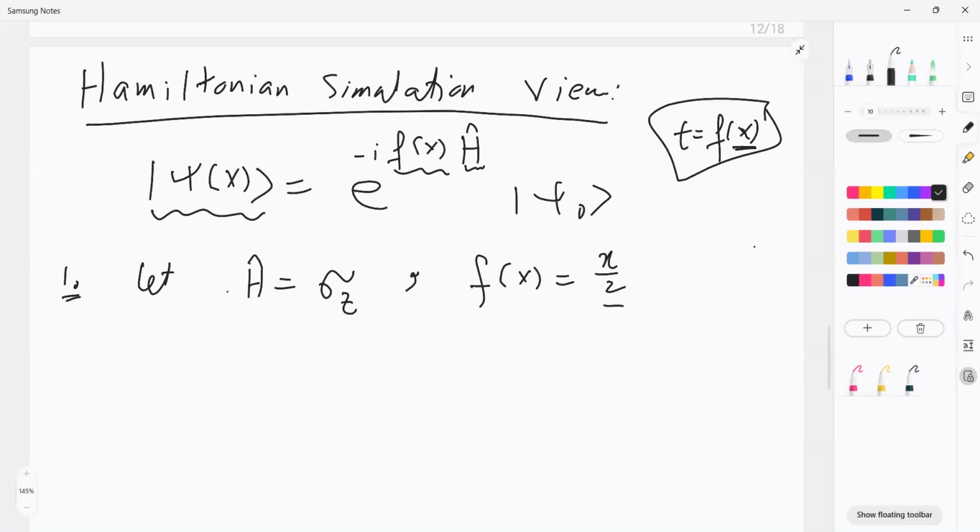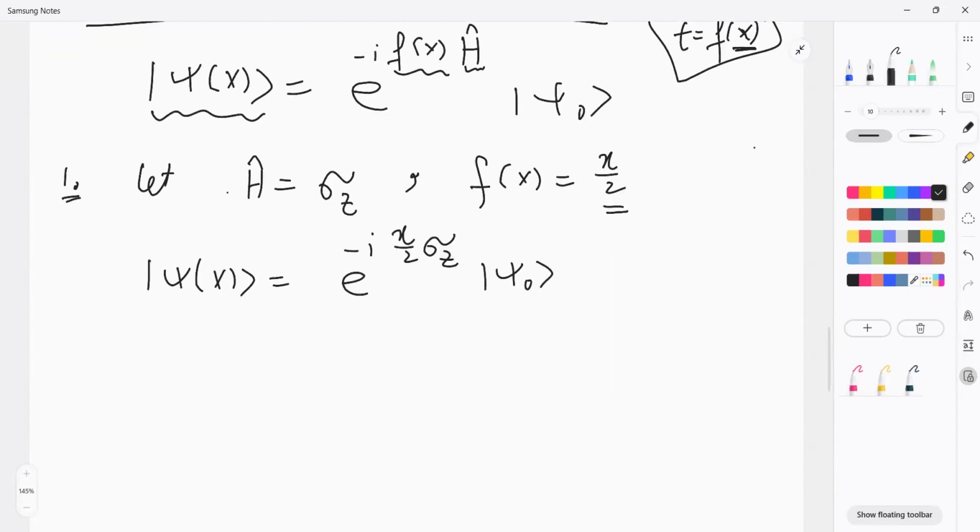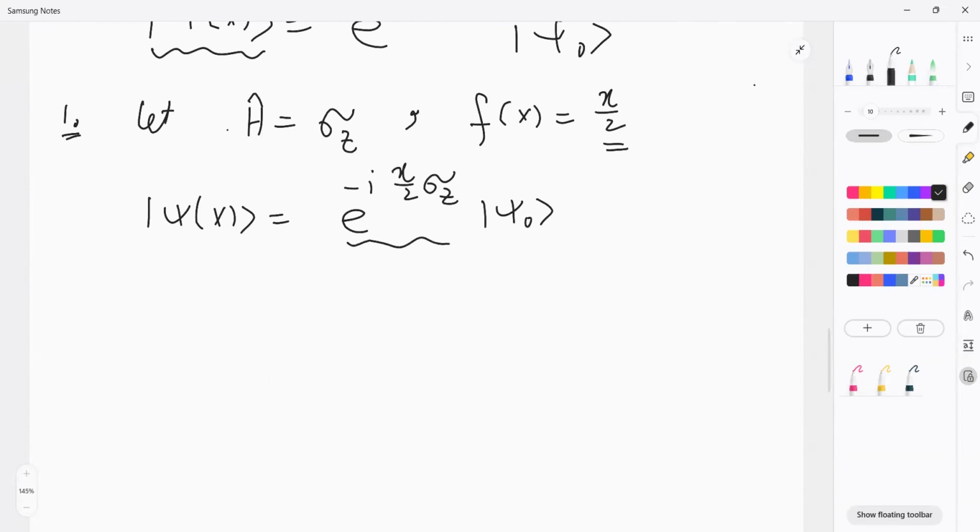So the data is going to be encoded into a single qubit, and my state would look something like this. And suppose we keep psi naught as psi naught right now. Let's work it out. I'm going to do it quickly because I think most of you would have encountered this in quantum computing basics anyway.